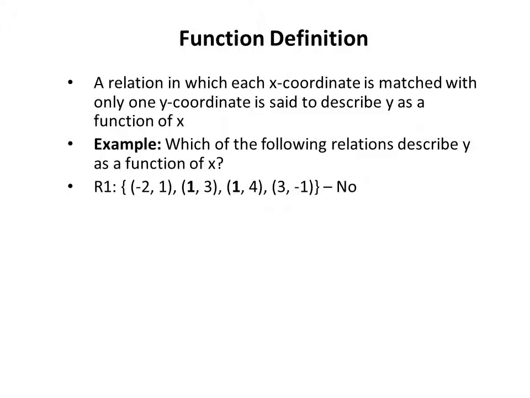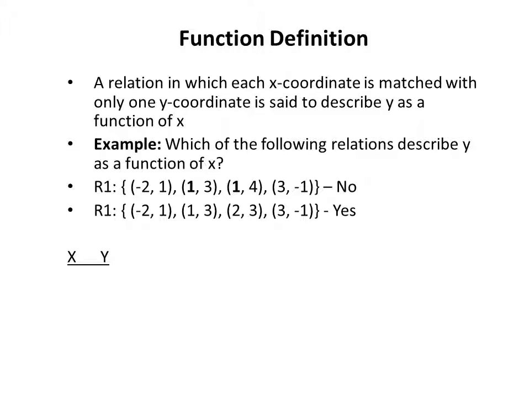For the first relation, the answer is no. Here I presented it in a table where the first column is for the x-axis and the second column is for the y-axis. If you look at each point in the x-axis, negative 2 is mapping to 1, 1 is mapping to 3, again there is another 1 mapping to 4, and 3 is mapping to negative 1.